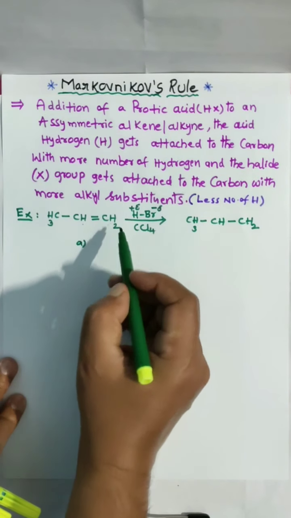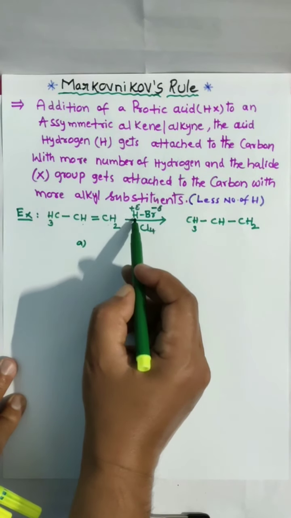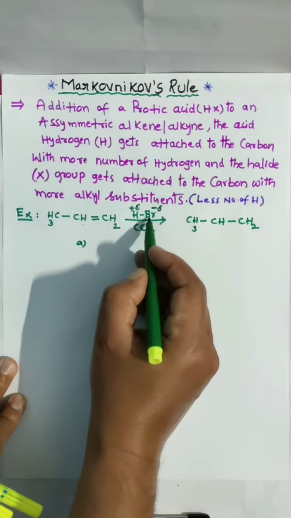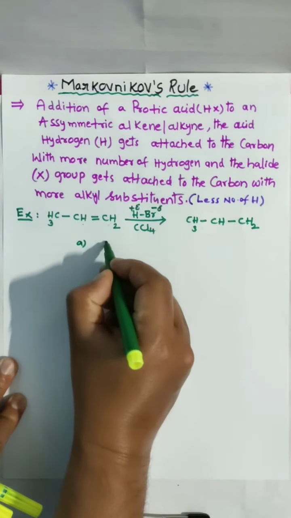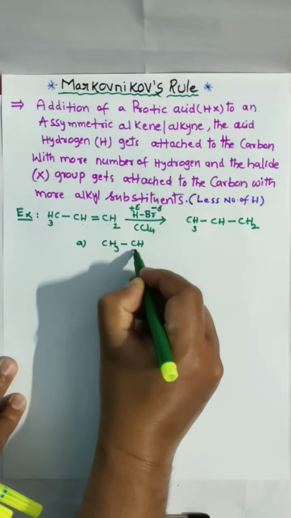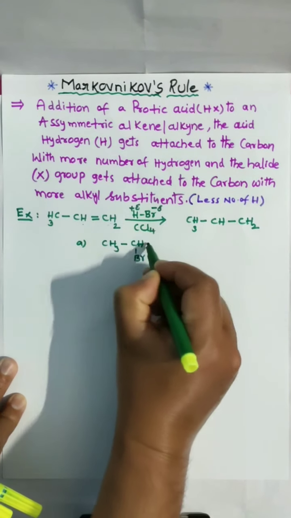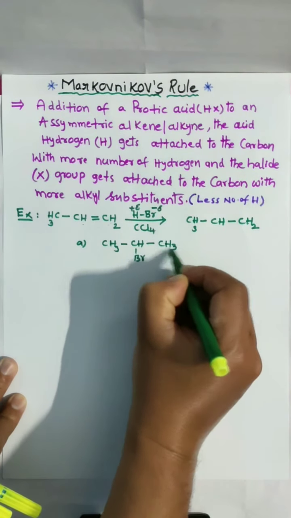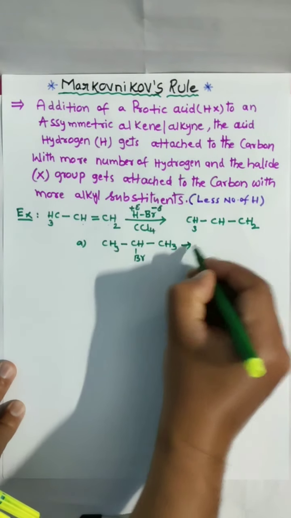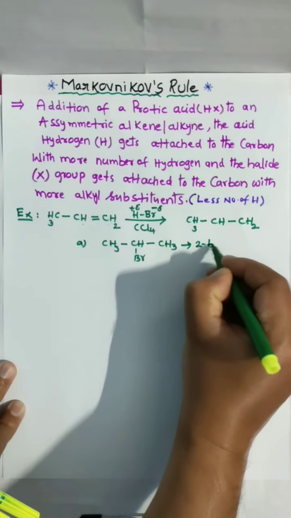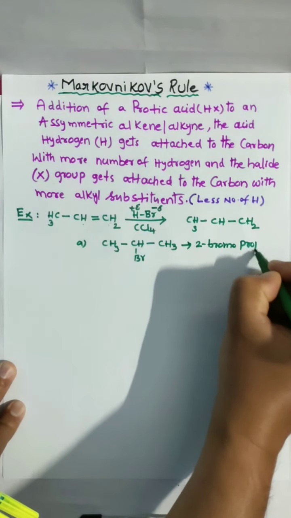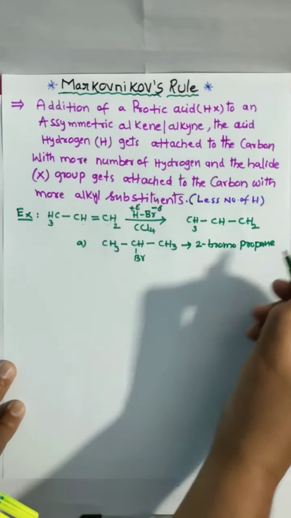For example, first hydrogen will attack here and bromine will attack here. So CH3-CH(Br)-CH3. This is 2-bromopropane. One product we got.